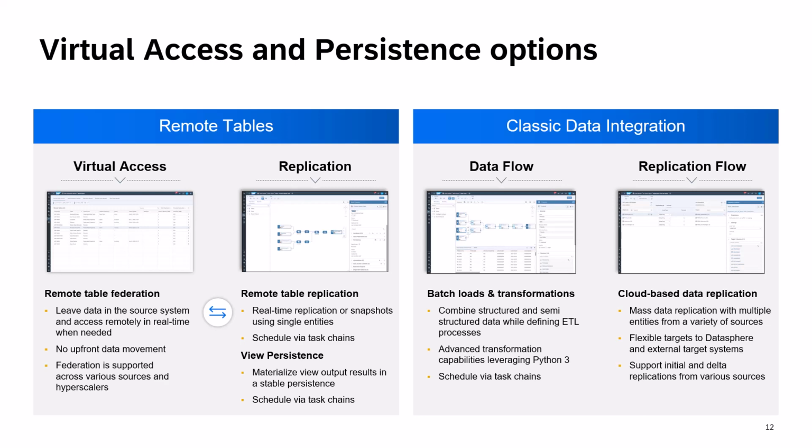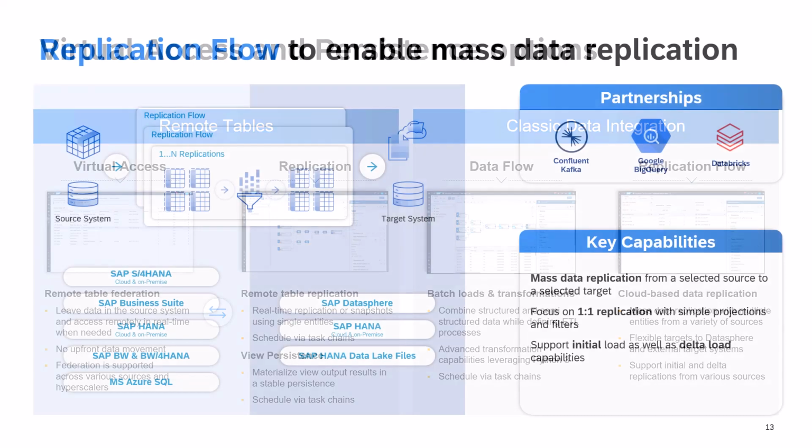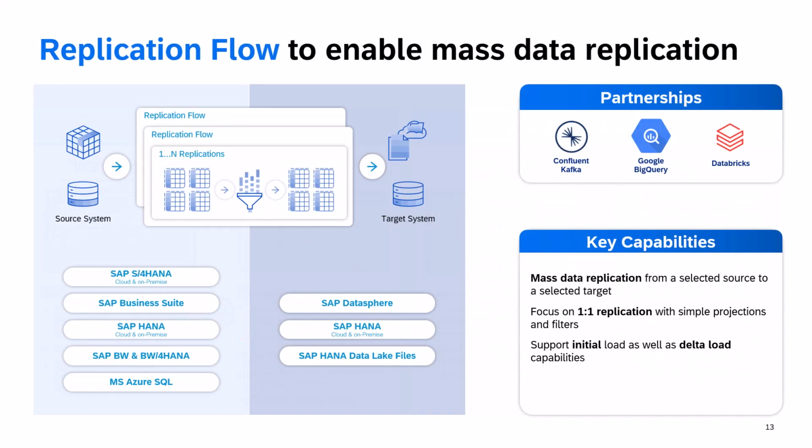The replication flow is also something we introduced in March with the Datasphere release. Focus being mass data replication from selected sources to selected targets. So really focusing on a one-to-one mass data replication with maybe some simple projections and filters, but mainly moving multiple data sets.